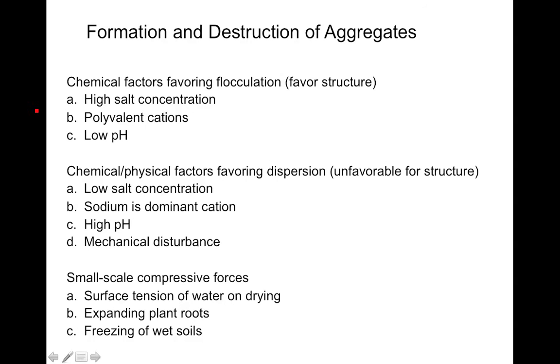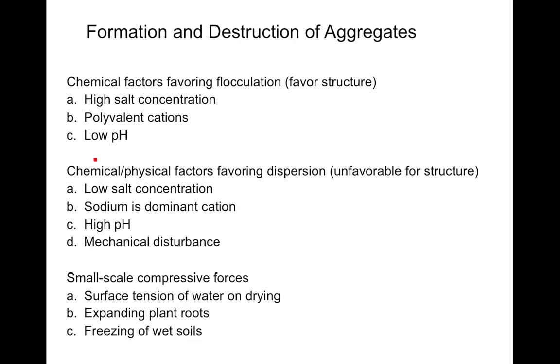Cations that can carry multiple charges really favour the formation of soil structure. And of course, low pH, because it allows some of those cations to remain in solution and be available for bonding, whereas at higher pH, they've all precipitated out and are not available for bonding in solution.